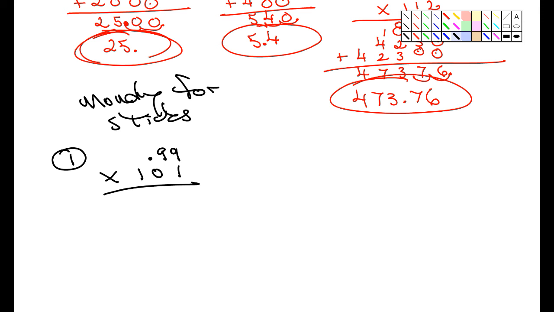Okay. Number 2. How about 26.1 times 4.3. Remember, there's 2 decimals in that.